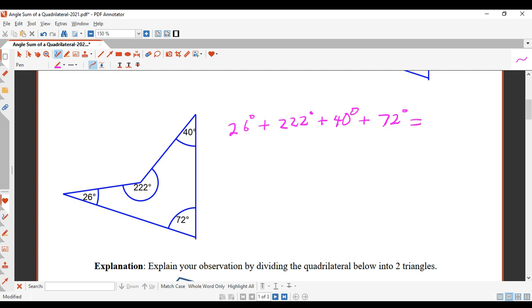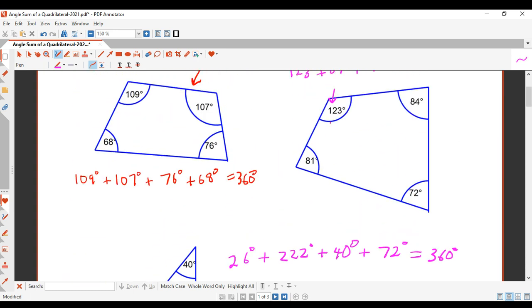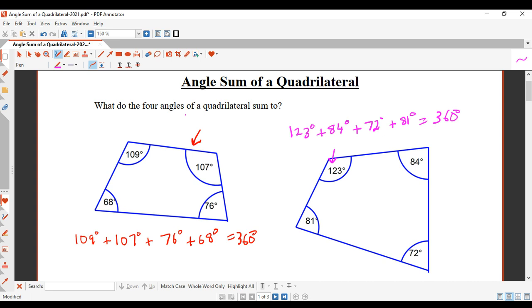Okay, let's add those up as well. So we've got 26 plus 222 plus 40 plus 72 equals 360 degrees.